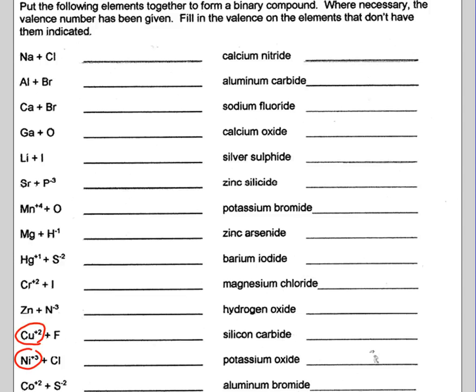All right, so we would be able to say calcium nitride is Ca, and we could use the crisscross rule if we wanted, or we could just look at a balance of charges. We know that for calcium at +2 and nitride at -3, we would need 6 electrons gained and 6 electrons lost.